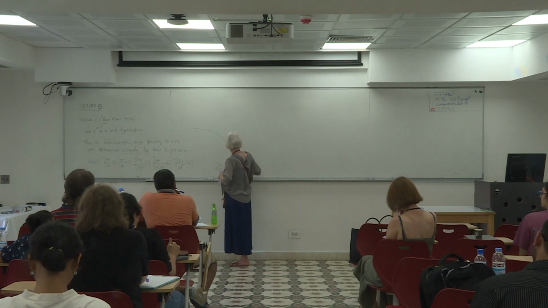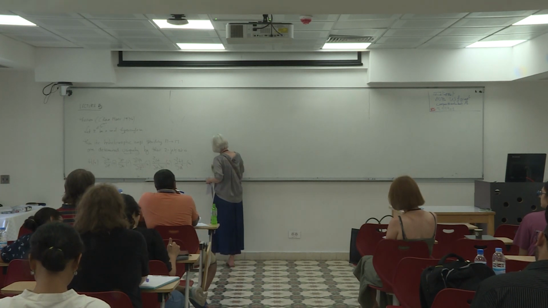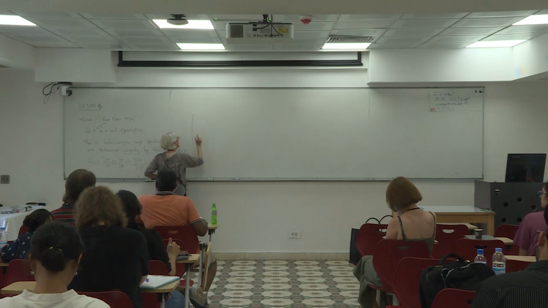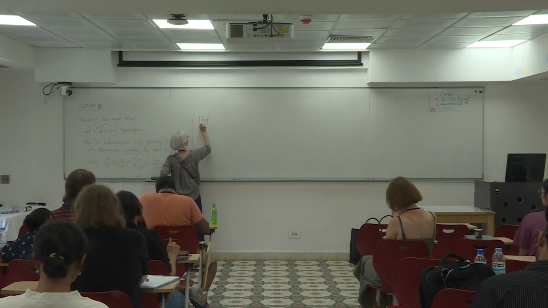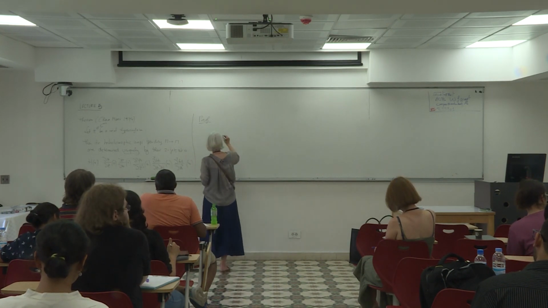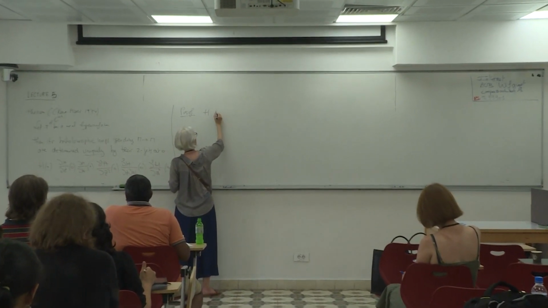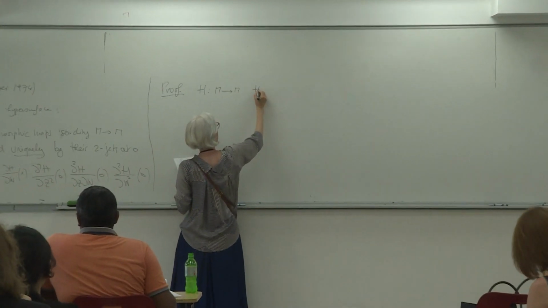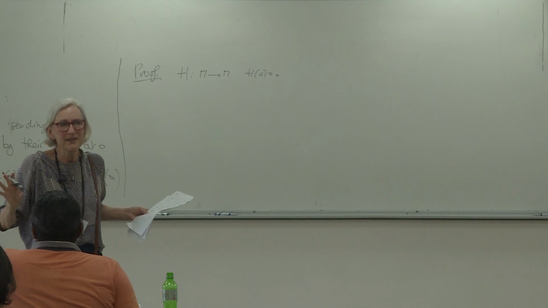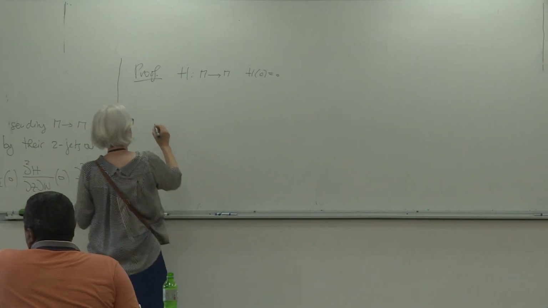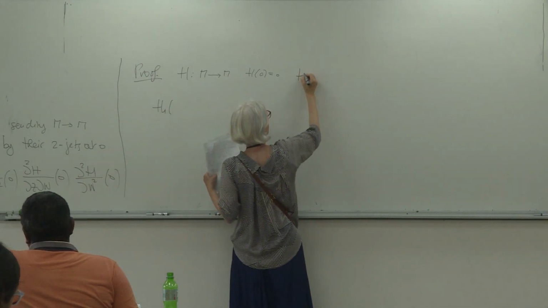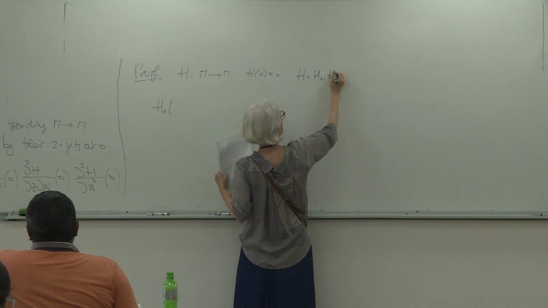So what is the proof? Proof. So you have your H, your H sending M to M. H of 0 is equal to 0. And it's not hard to see that you can always assume that there are two components, H is H1, H2.